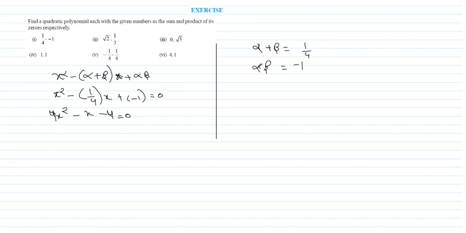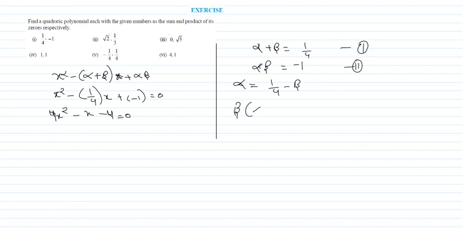Then this will become a quadratic equation, and we can solve it. So this will become beta by 4 minus beta square is equal to minus 1, and this will become 4 beta square minus beta minus 4 is equal to 0.